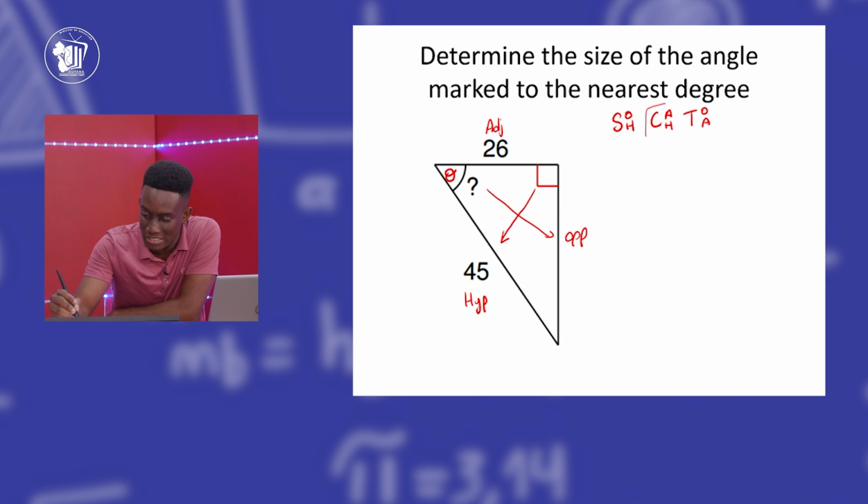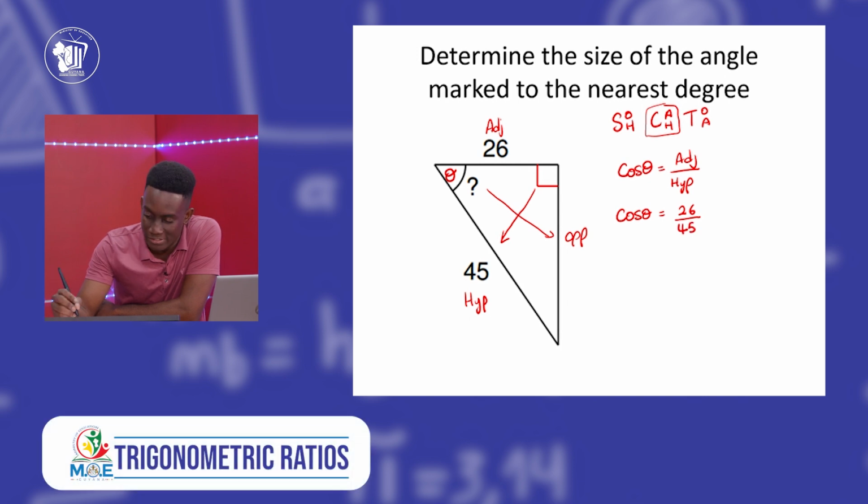We see cos has the adjacent and the hypotenuse. So cos theta is equal to the adjacent over the hypotenuse. So cos theta will be equal to the adjacent side, which is 26, over the hypotenuse, which is 45.